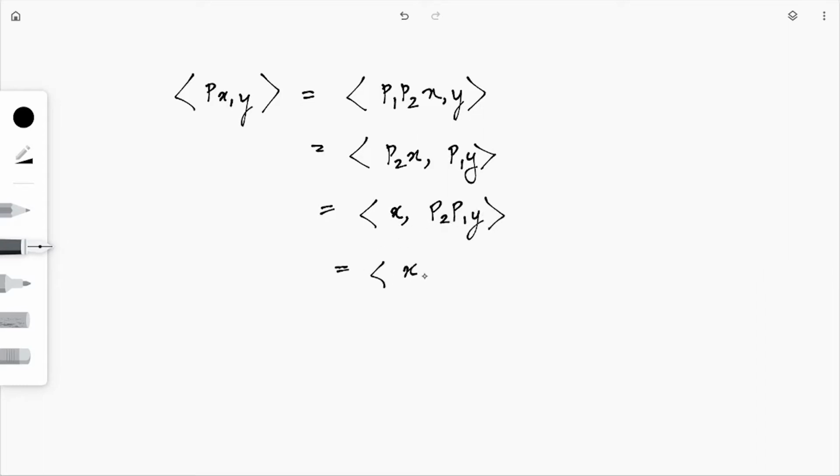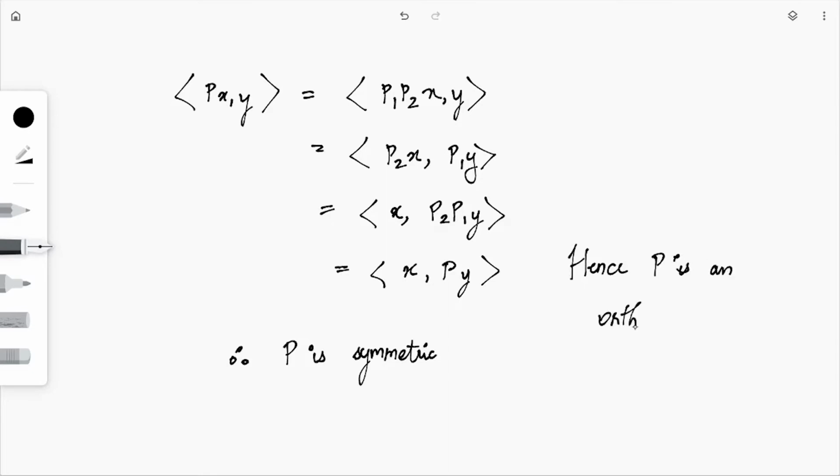And as P1 P2 is equal to P2 P1 is equal to P, I get this is inner product x comma P of y. Therefore P is symmetric, right? And hence, as it is a projection which is symmetric, P is an ortho projection.